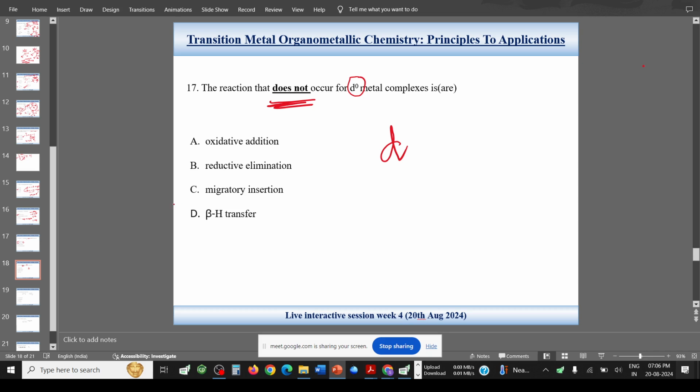You can see that options C and D do not bother the electron count, only oxidation and reduction involve a change of electrons. So in this regard you can directly eliminate options C and D.